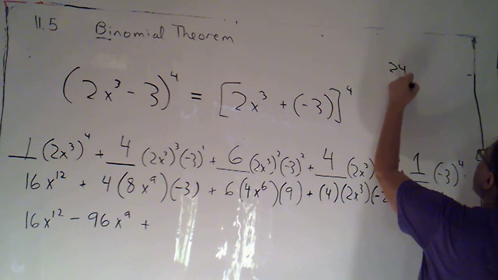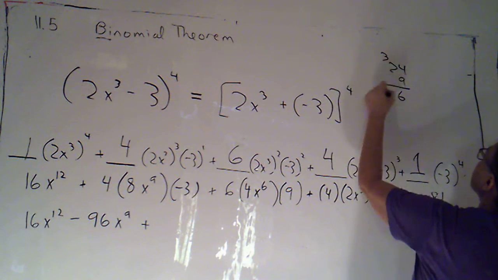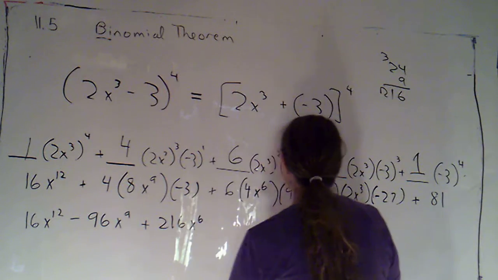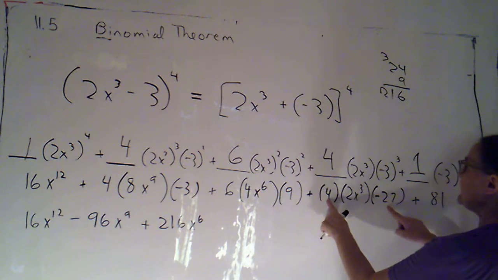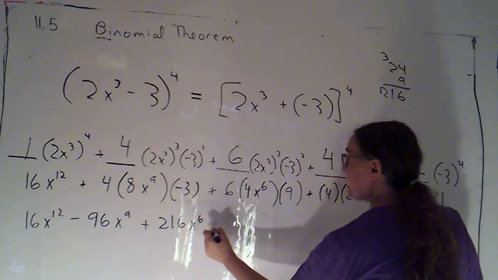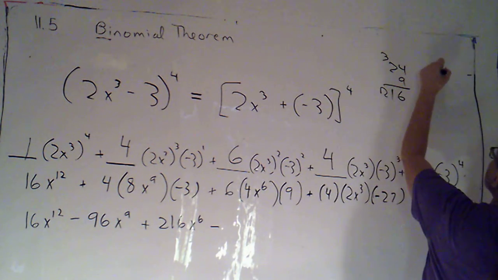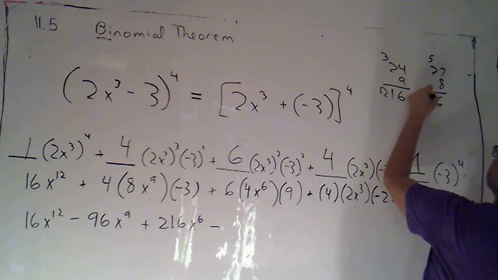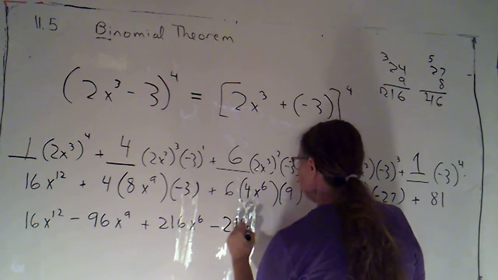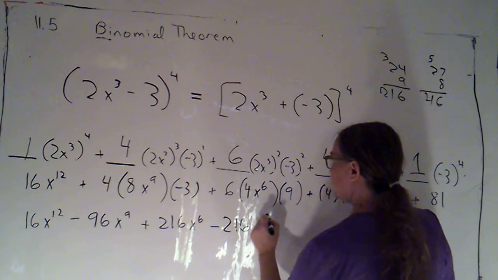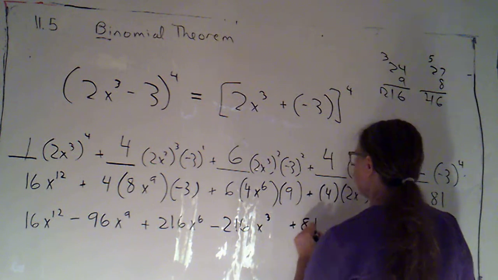Let's just work that out quickly. 216 x to the 6th. Let's see, 4 times 2 is 8 times a -27. So it's going to be negative. 27 times 8 is also 216. And then that was x cubed, and then plus 81.